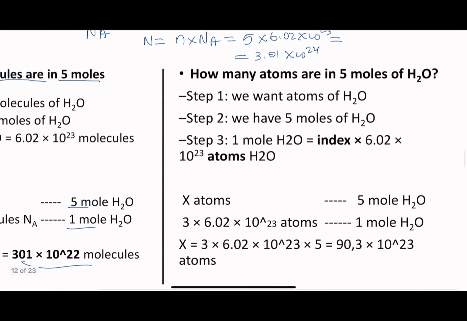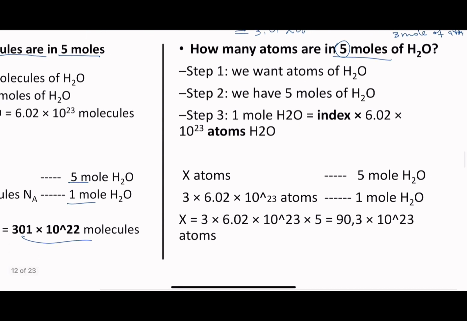And then over here it is asking us how many atoms are in 5 moles. Because we know that in 1 mole of H2O, we have 3 moles of atoms, right? So in 5 moles of water, there are 15 moles of atoms.